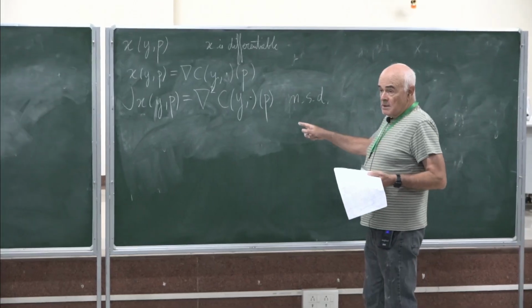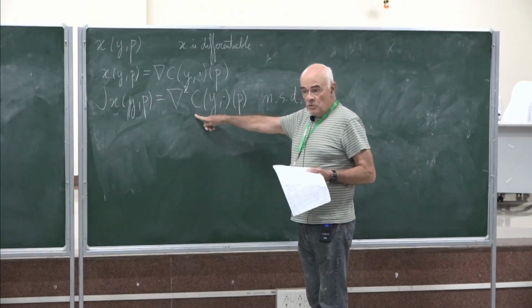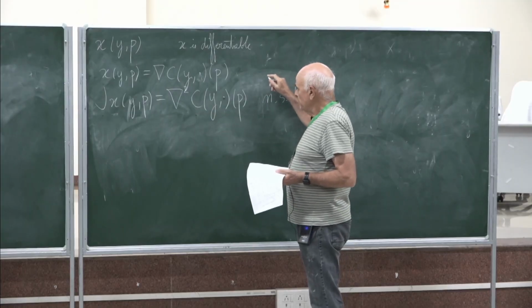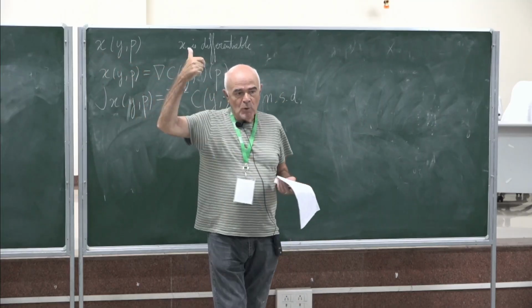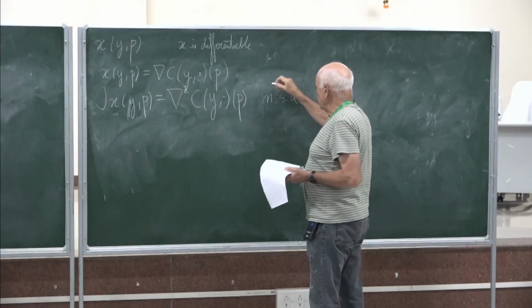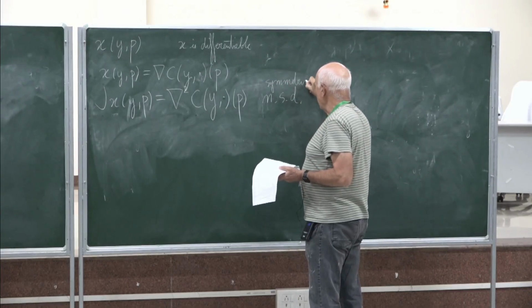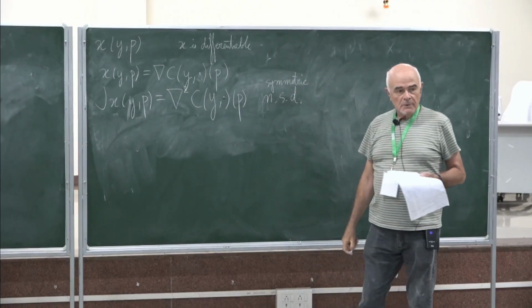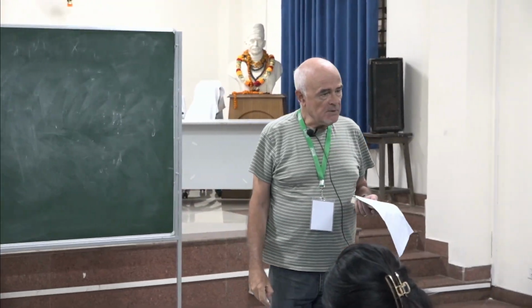Not only negative semi-definite, but if this is of class C2, which means, assuming that x is of class C1, then this is of class C2, then it's also symmetric. For a C2 function, the Hessian matrix is symmetric.